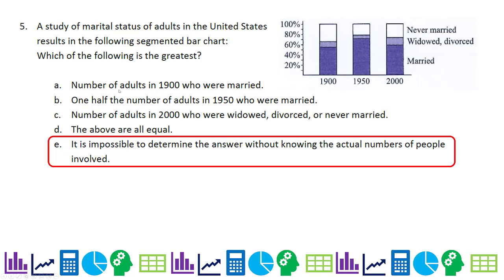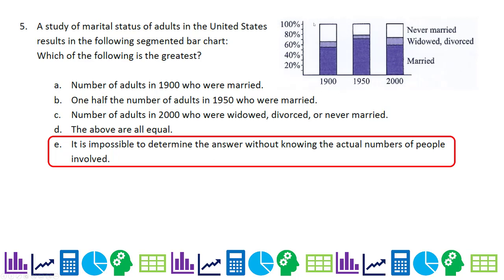Now B, the number of adults in 1900 who were married, I have no idea because I don't know how many were surveyed. 1/2 the number of adults in 1950 who were married, I don't know. I don't know how many were surveyed. The number of adults in 2000 who were widowed, divorced, or never married, again, have no idea.